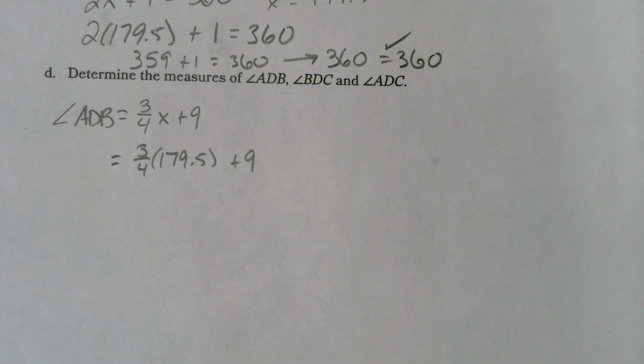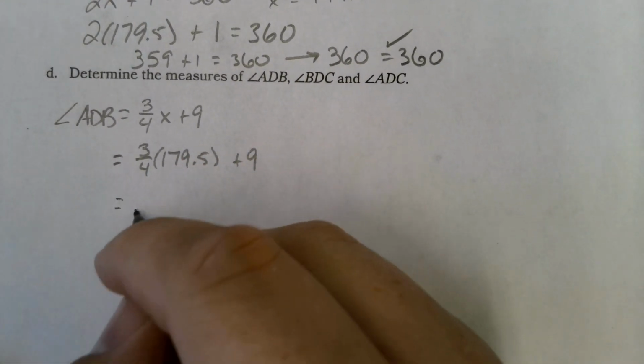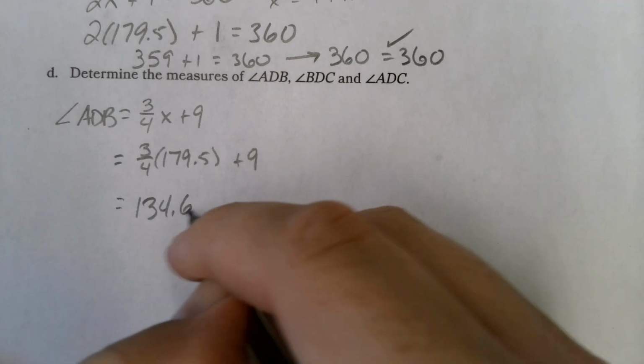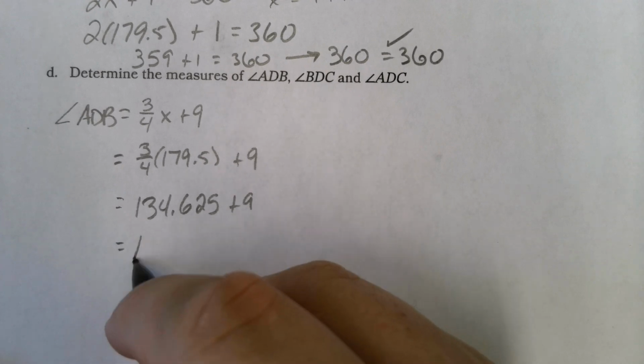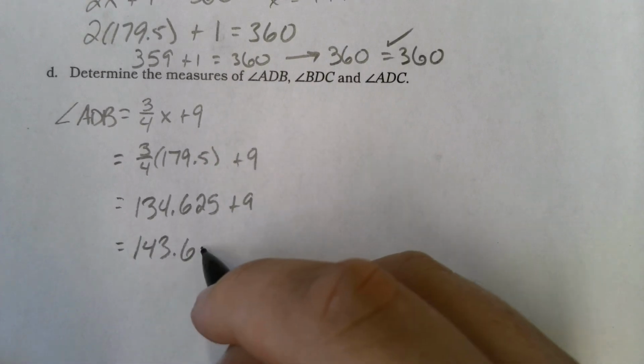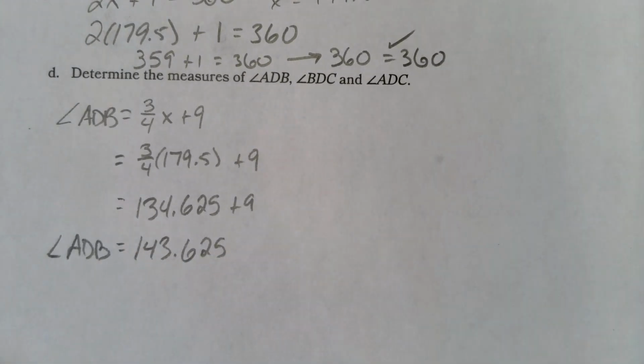When we take 3/4 times 179.5, we get 134.625 plus 9, which is 143.625. That is angle ADB.